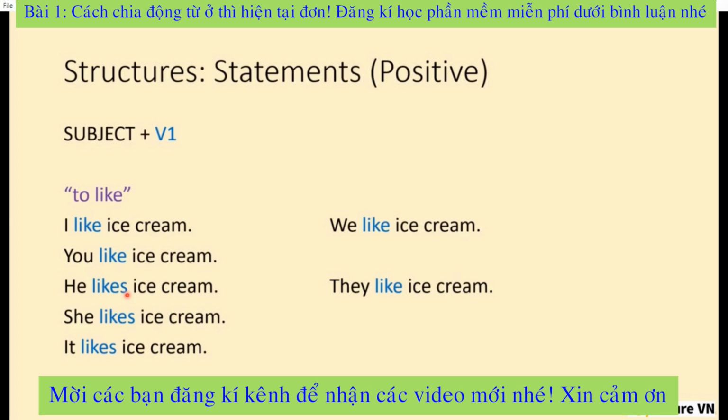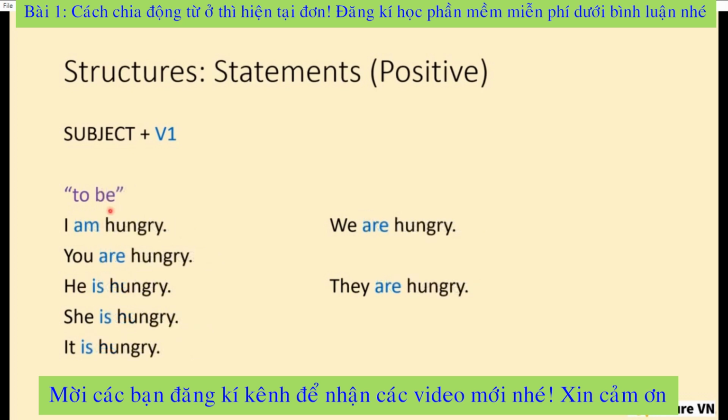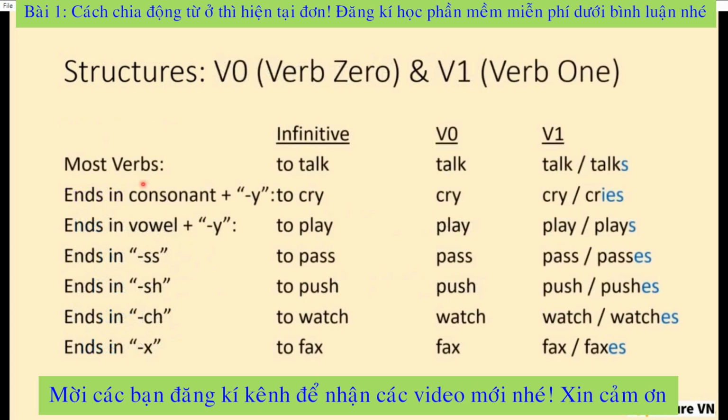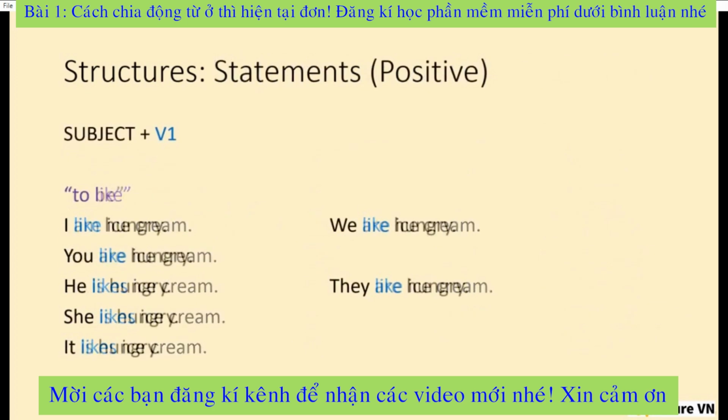However, there is one verb which is different, and that is the verb to be. Alright, so the verb to be actually has 3 forms of verb 1 instead of 2. Let's take a look back for a second. We learned that most verbs have 2 forms for verb 1. Only one verb has 3 forms, and that is the verb to be.